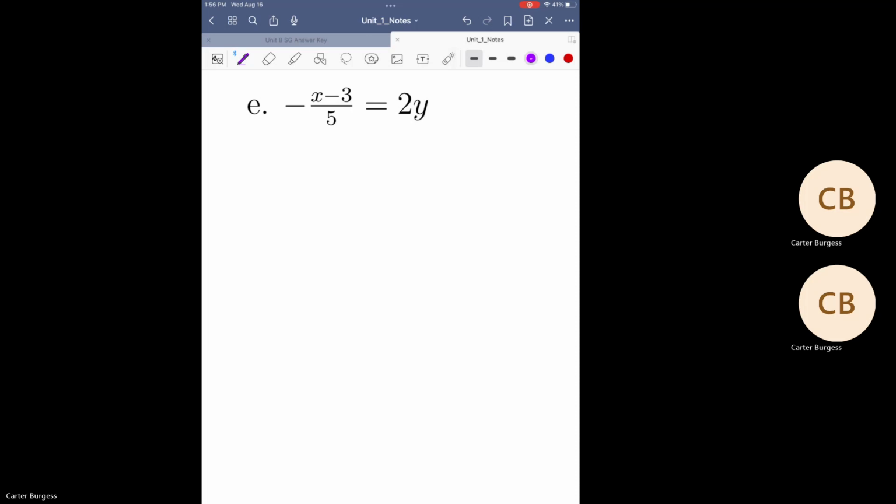Trying to get this into y equals mx plus b, a very natural first step would be to solve for y. So maybe dividing by 2 on both sides. Dividing by 2 in the case of working with fractions is the same as multiplying the denominator by 2. So we would get here, for instance, that y is equal to negative x minus 3 over 10. And does this look like y equals mx plus b?